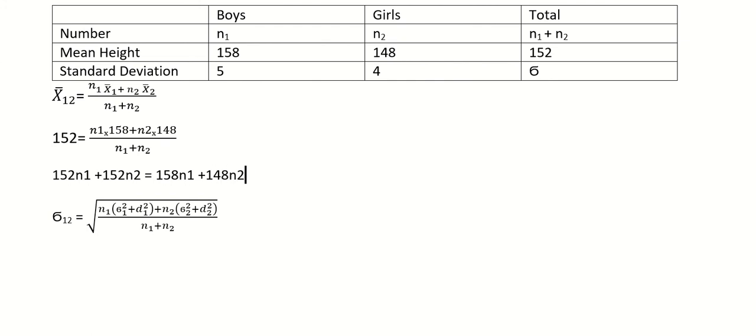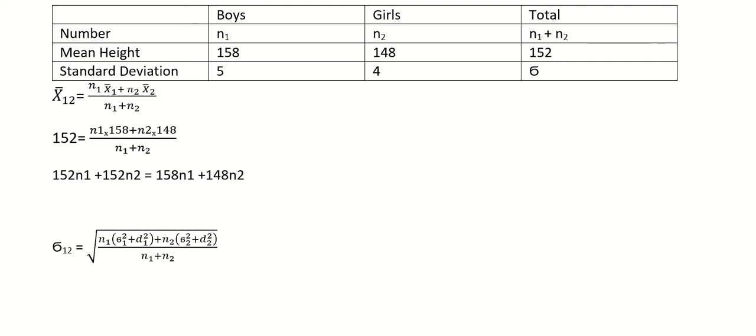This is given to us. Now we will solve it. n1 with n1 and n2 with n2. So 152 n1 minus 158 n1 will become minus 6 n1, right? So this is 6 n1 equals 148 n2 minus 152 n2, so this will become 4 n2, right?